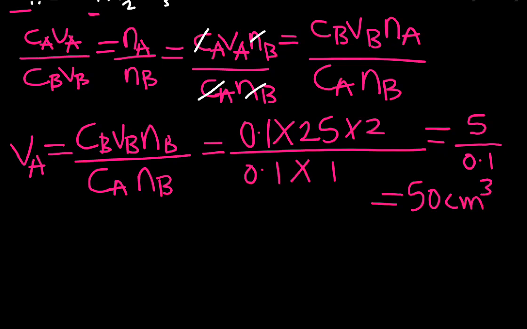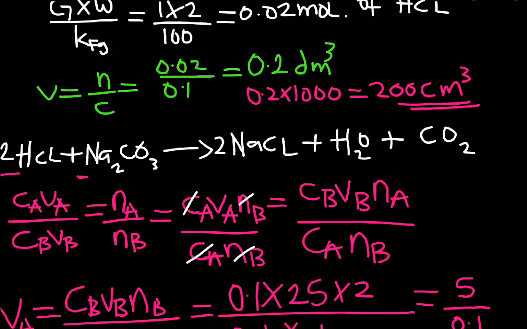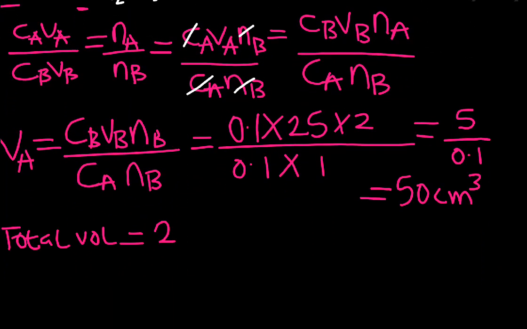And so the total volume, which is what you're asked to solve for, will be the first 200 cm³ plus this 50 cm³. So we get 200 plus 50, and your final answer will be 250 cm³.